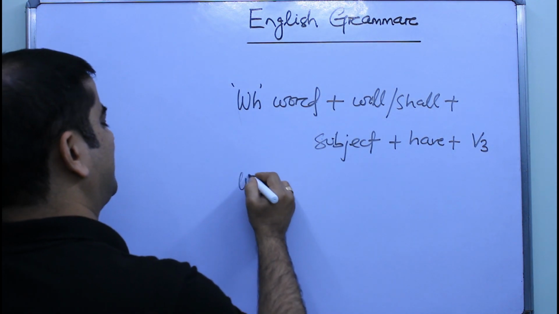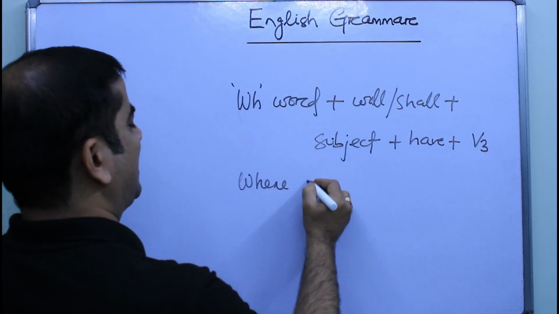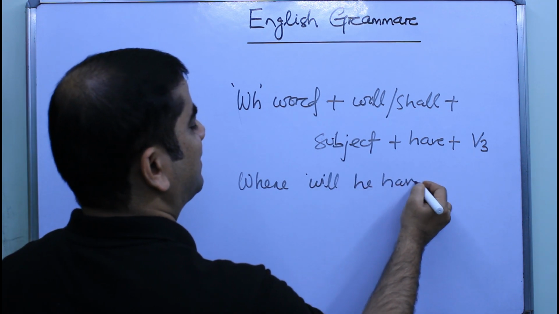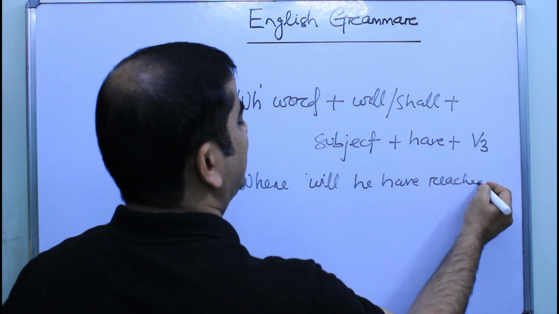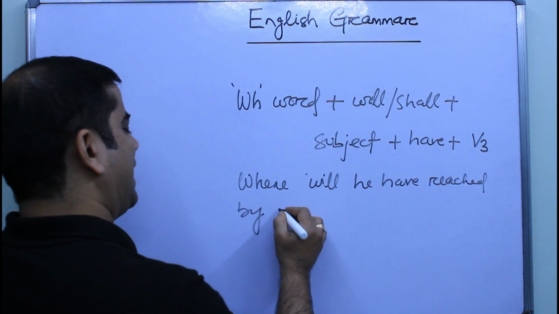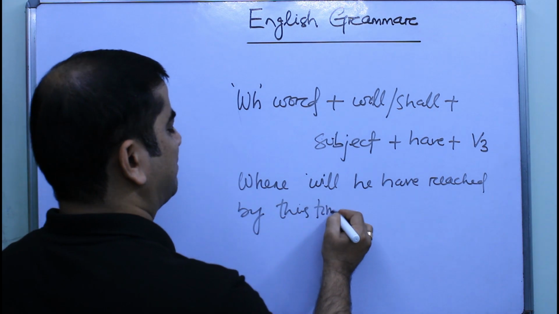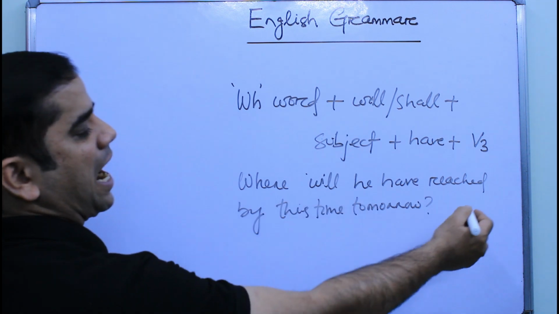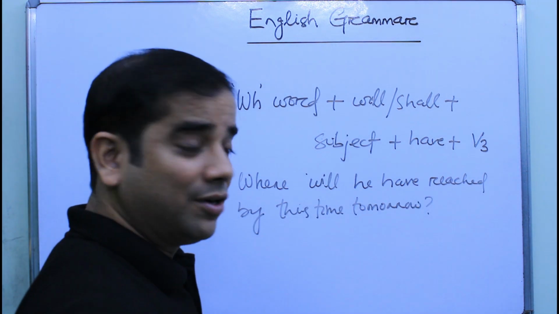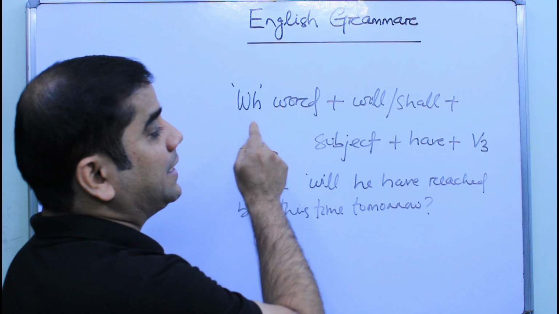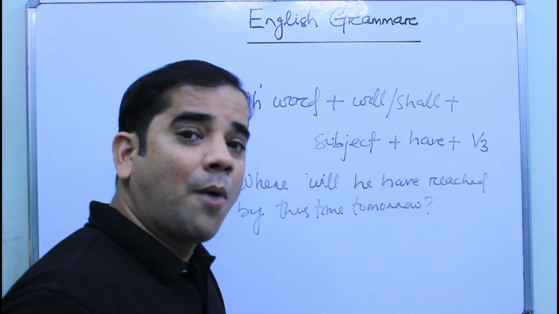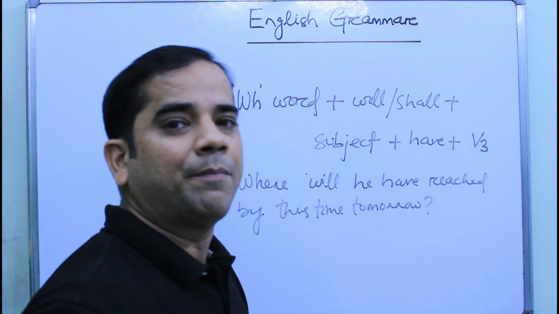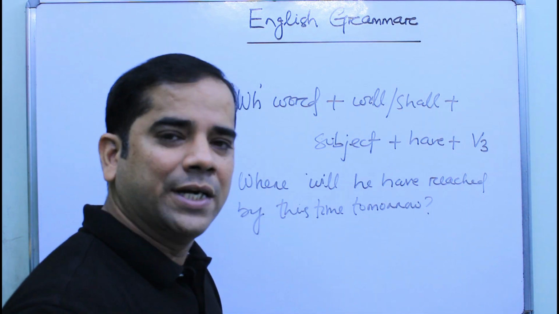For example, where will he have reached by this time tomorrow? Where will he have reached by this time tomorrow? So students, you need to remember this formation to form the interrogative sentence by using a WH word in case of future perfect tense. Okay, hope you understand.